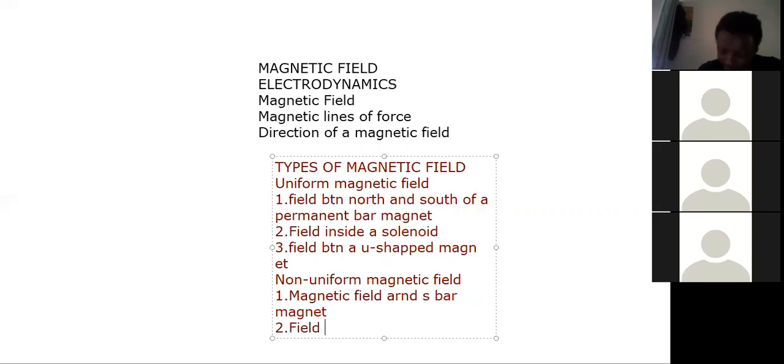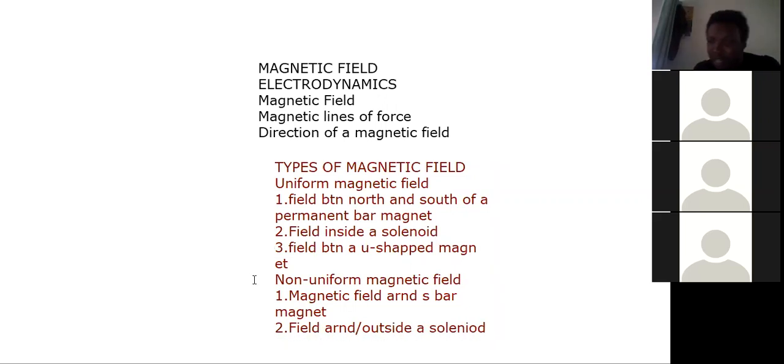This time not inside, but around or outside the solenoid. So these are the two main examples of a non-uniform magnetic field. Any question?